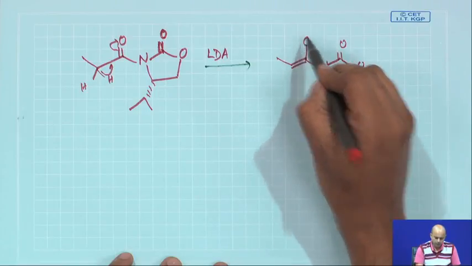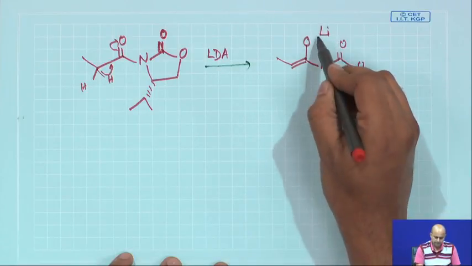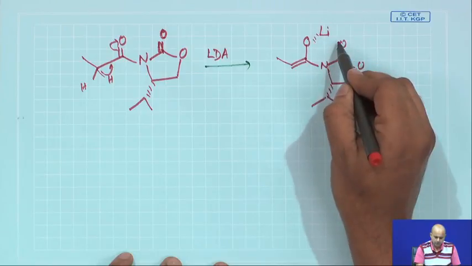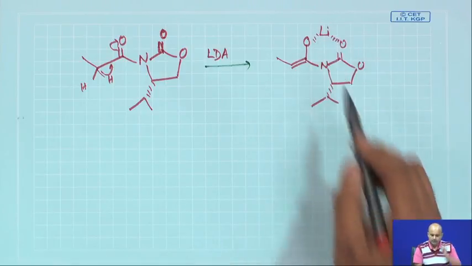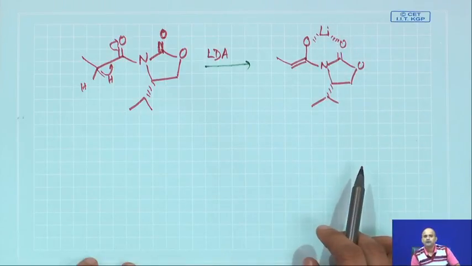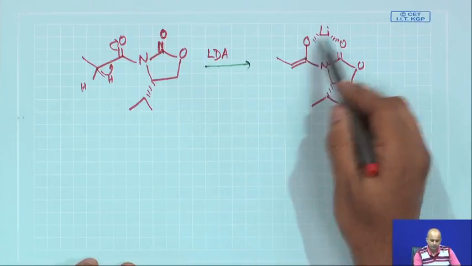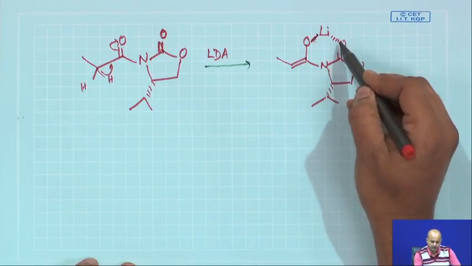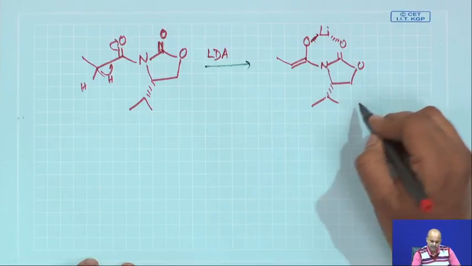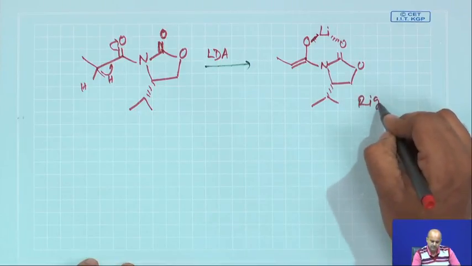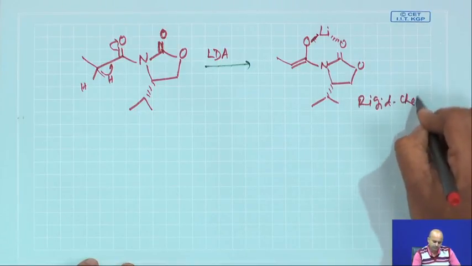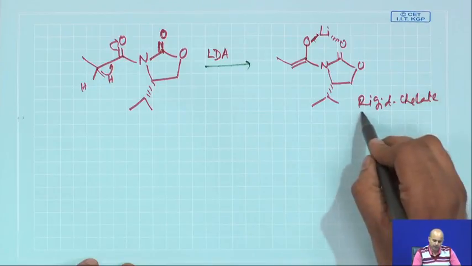You have this OLI. Now, this oxazolidinone seems to be in a cyclic chelated form with this OLI. This OLI basically makes this rigid chelate. So, this rigid chelate is very important.